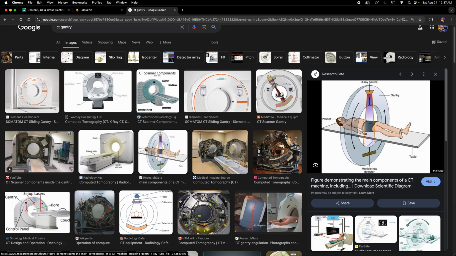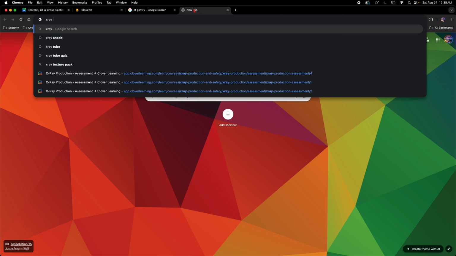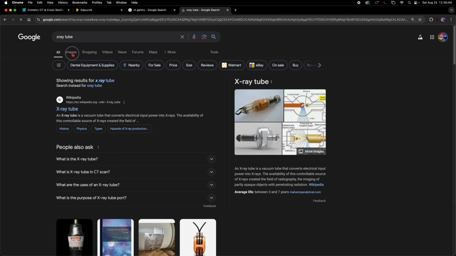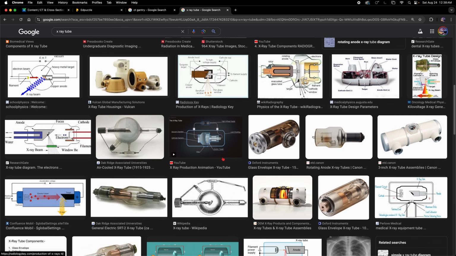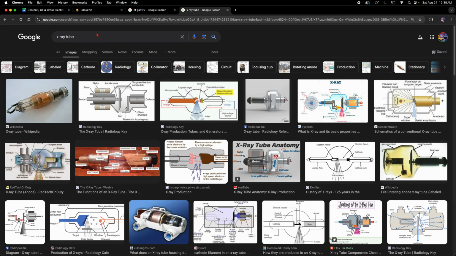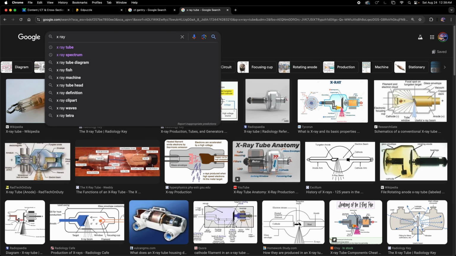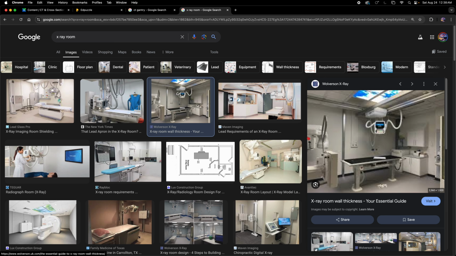All right, so whereas with X-ray we have a stationary tube and a stationary table.